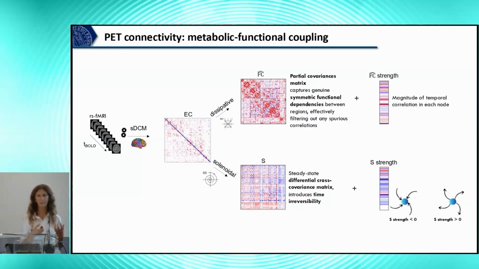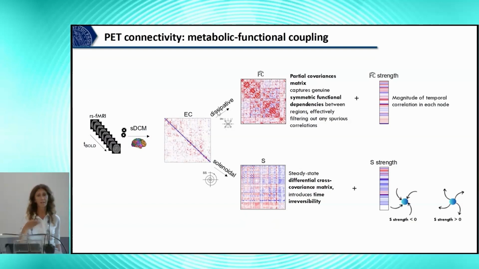Hepatic connectivity is a somewhat complex matrix because it's not symmetric and it has positive and negative values. But it's really interesting to know that it can be split in two different matrices. Hepatic connectivity is the multiplication of the first, which is functional connectivity, just a simple connectivity.